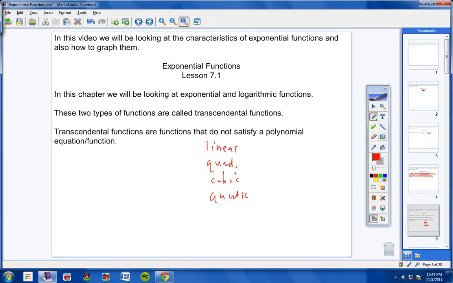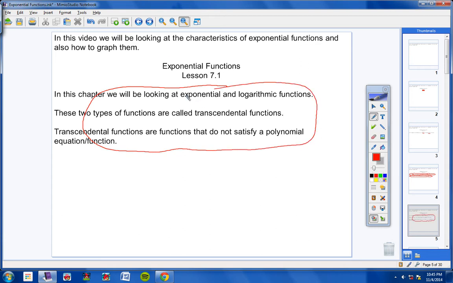What I'm trying to show you is that exponential and logarithmic functions do not fit any of those categories. Thus, they are not polynomial functions, and we call them transcendental functions. These are the two types of functions that we are going to be studying in Chapter 7, and you do not need to know all of that. I just wanted to give that information to you. Okay, continuing on.